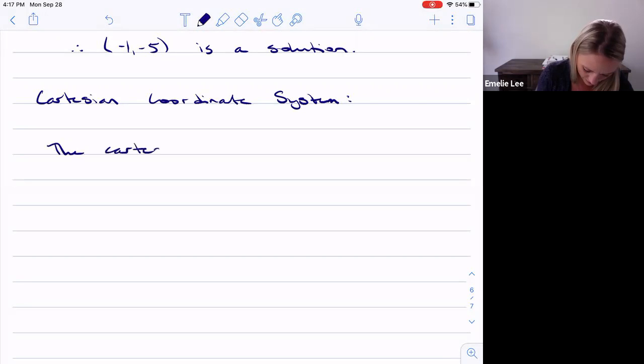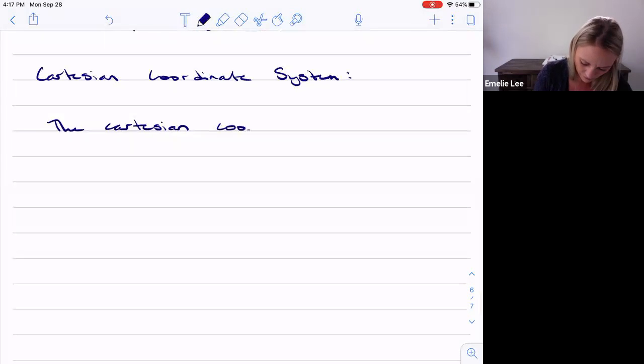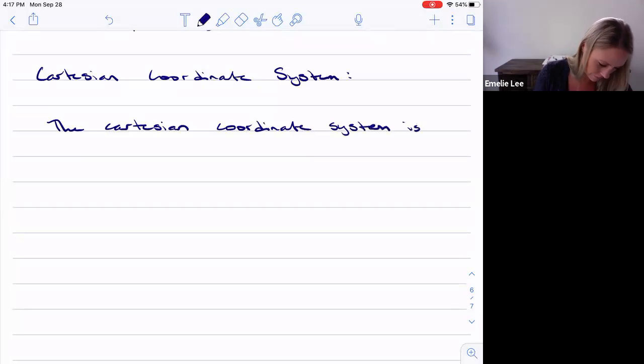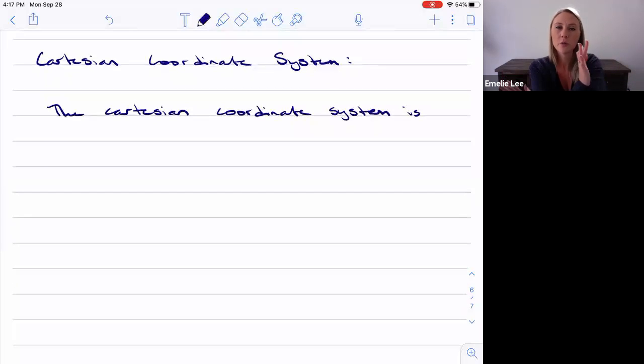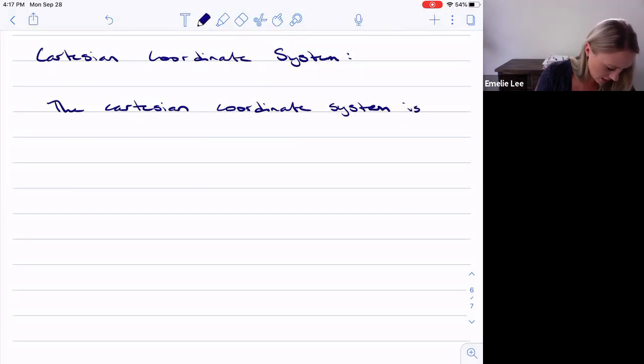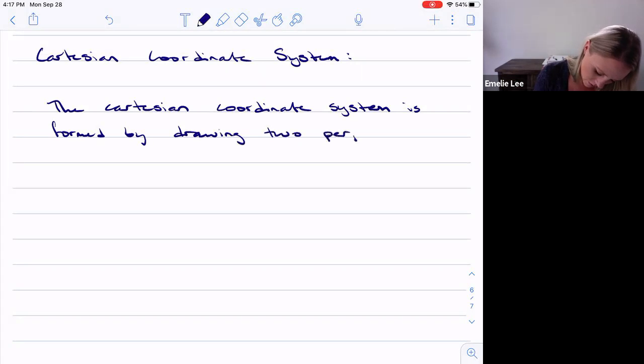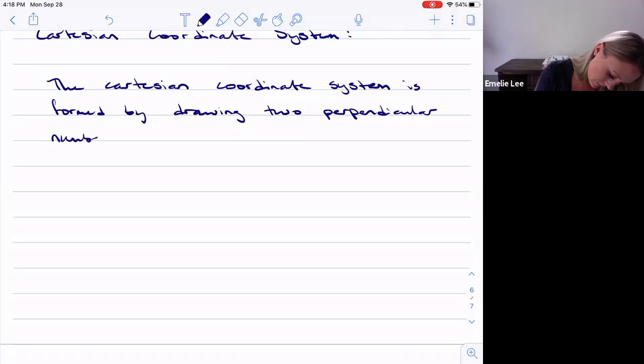The Cartesian coordinate system is formed by drawing two perpendicular number lines called axes.